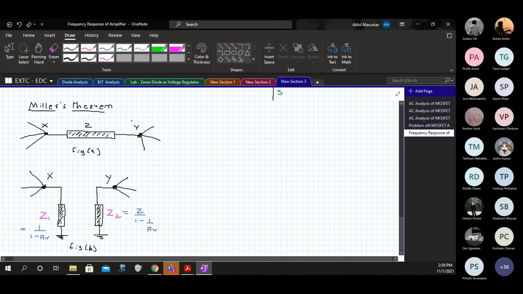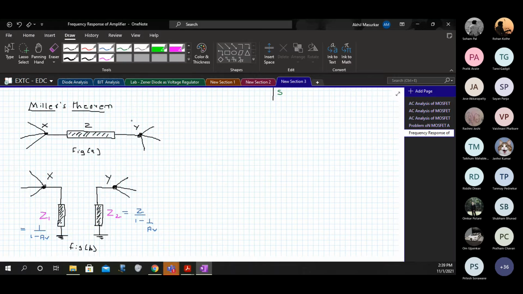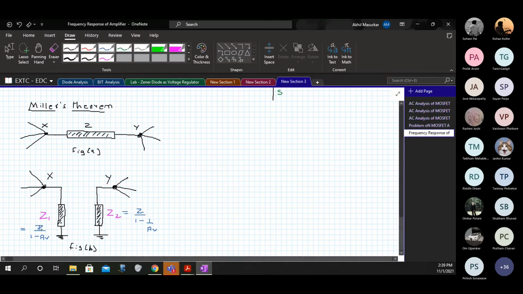So what Miller's theorem says is that if you want to break that Z into input side and output side, the values of Z1 and Z2 should be Z upon 1 minus AV, and Z upon 1 minus 1 by AV. Now, what is the value of this AV?